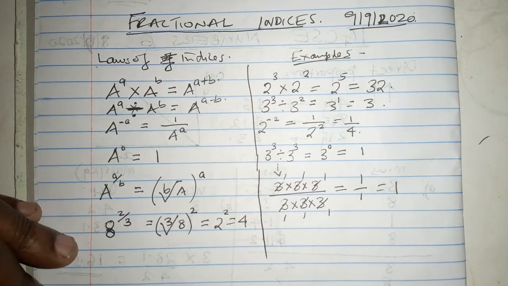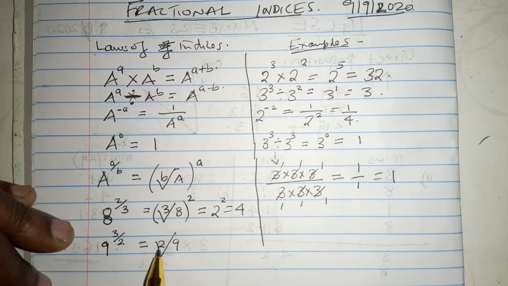Another example: 9 raised to power 3 over 2. Let's talk about the square root of 9. When we are dealing with the square root of any number, there is no point of writing the 2 here.